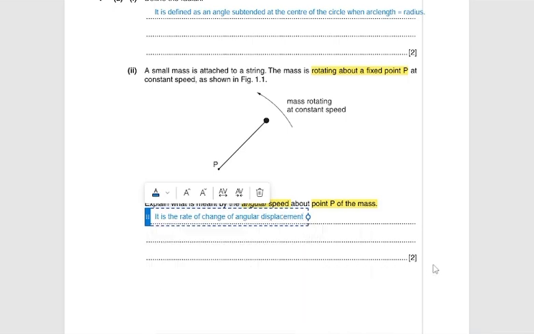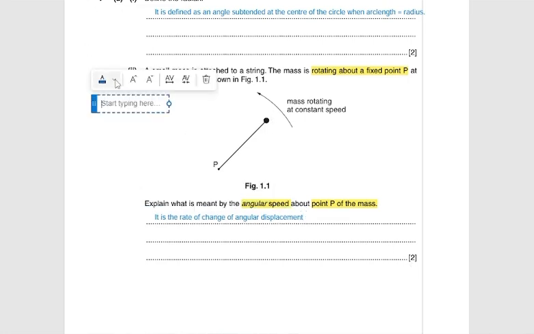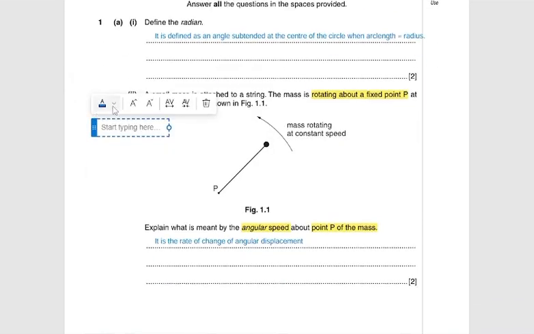The reason why this is for 2 marks is because this question right here is case specific. Let me write this in red. This is a case specific question. What we mean by that?